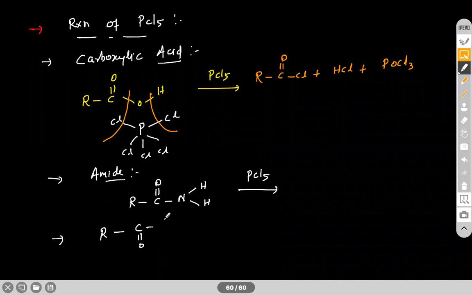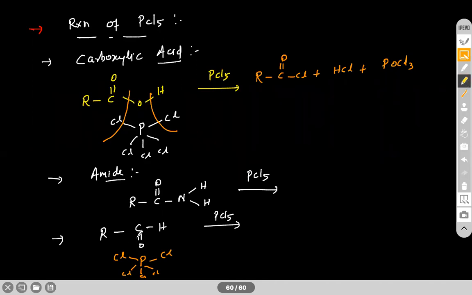C double bond O and H we have here, with PCl5. Here also I'll suggest all these are Cl. So what happens?